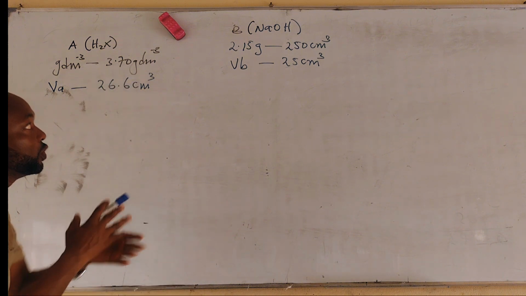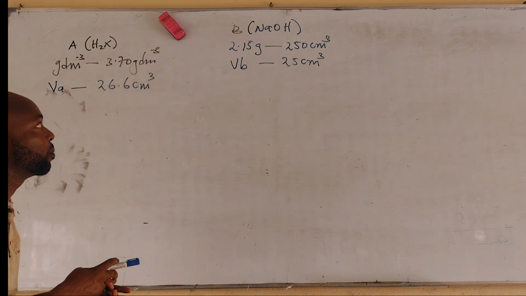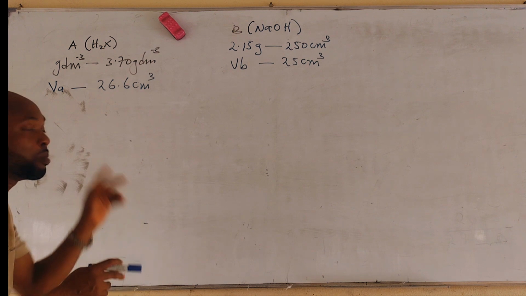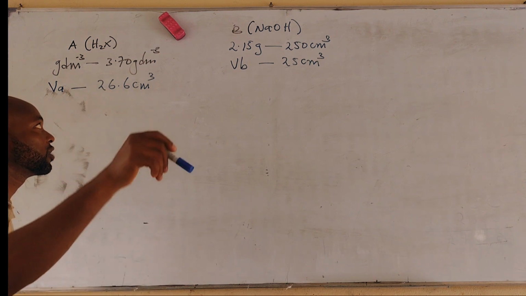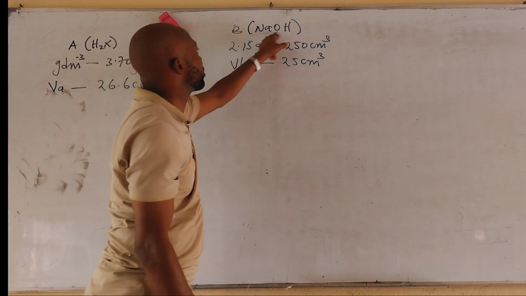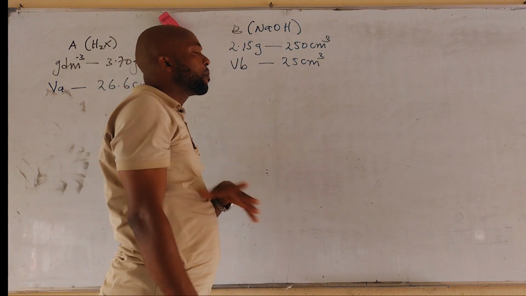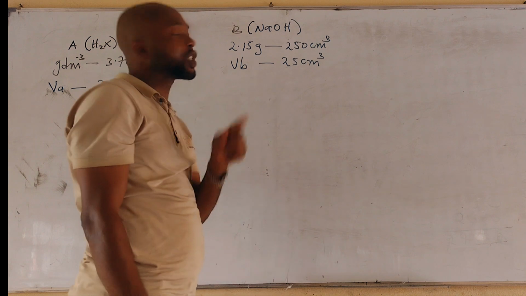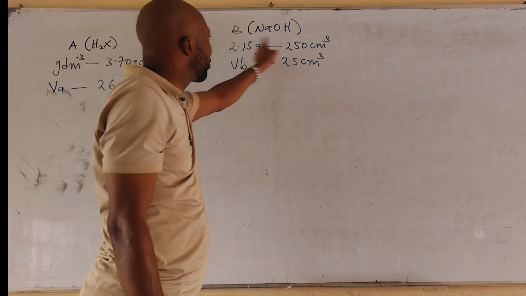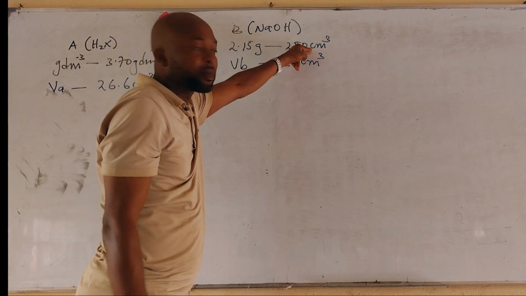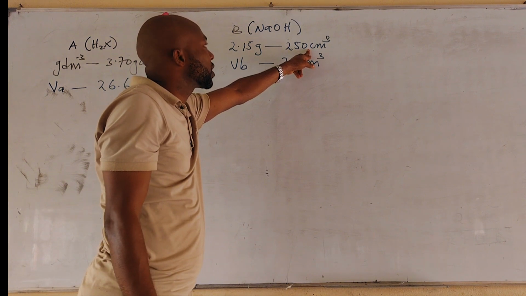So now we are going to use that one which says molar concentration is equal to mass concentration over relative molecular mass. The relative molecular mass can be gotten from here, which is 40. But what about the mass concentration? For you to get the mass concentration, remember that mass concentration is mass over volume. This is mass over volume given. So from here, we can get our mass concentration.